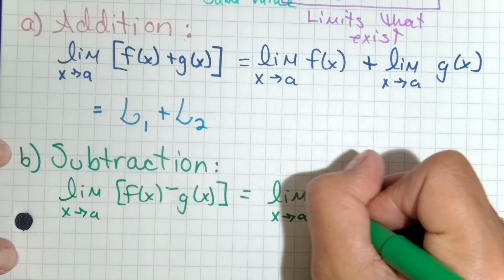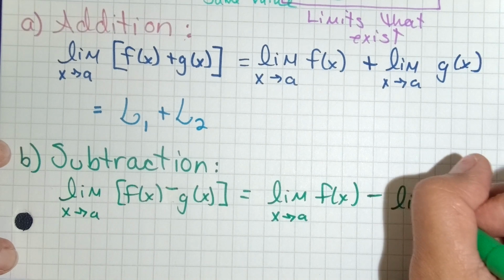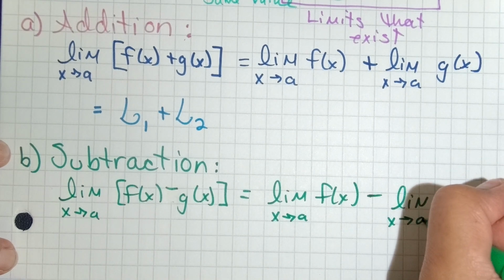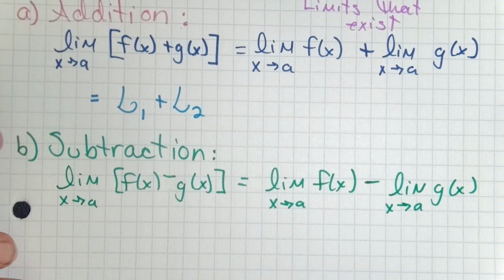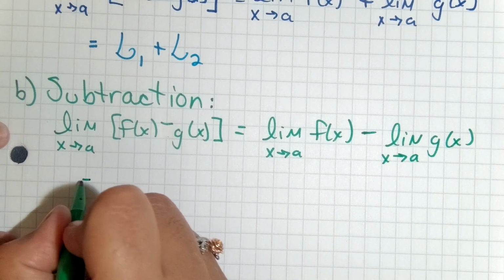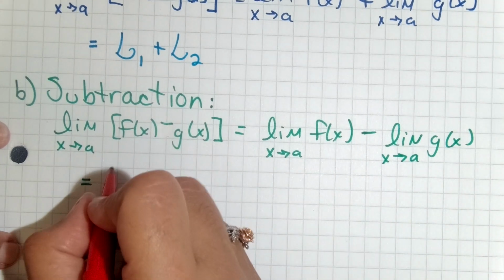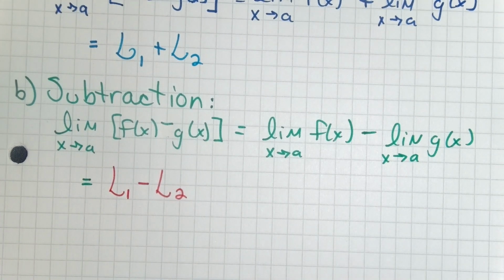Again, the limits have to exist. And they have to approach the same number. And that's going to be equal to limit 1 minus limit 2.